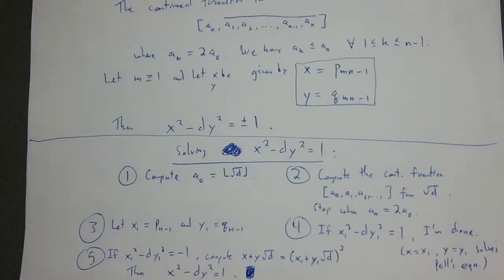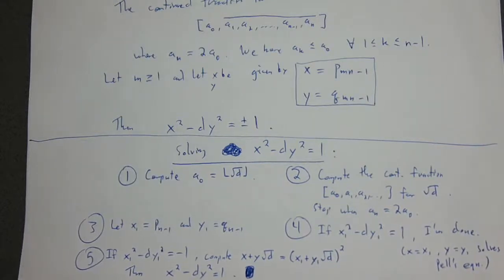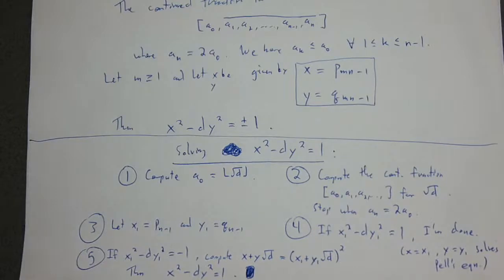So there will be a question involving Pell's equation on your exam, which I'll post a little bit later today. I'm going to post your final exam later today, and then I'm going to have office hours tomorrow at the usual time, so 2 to 3:30.